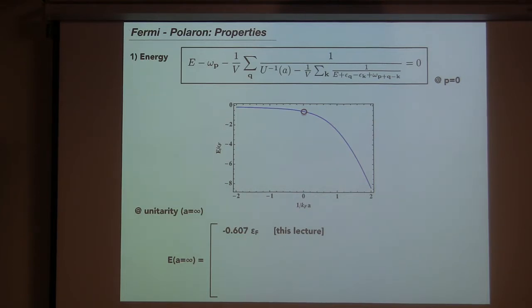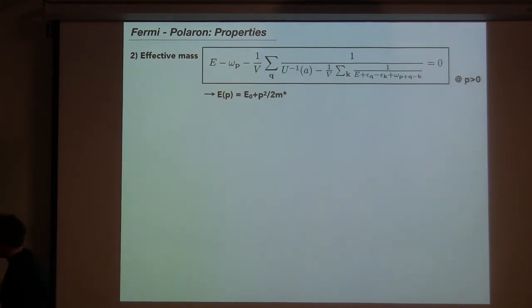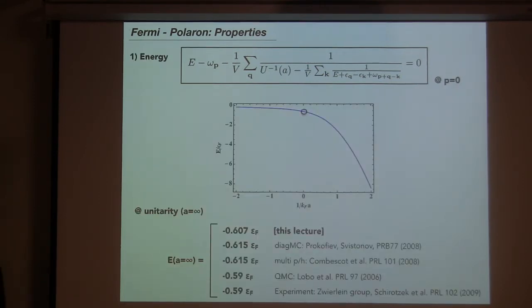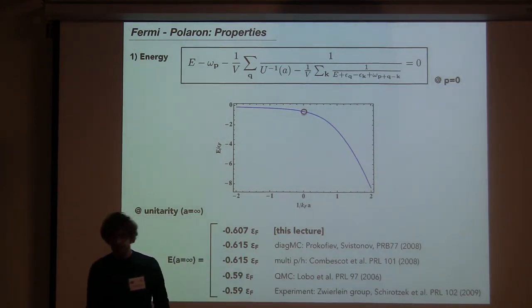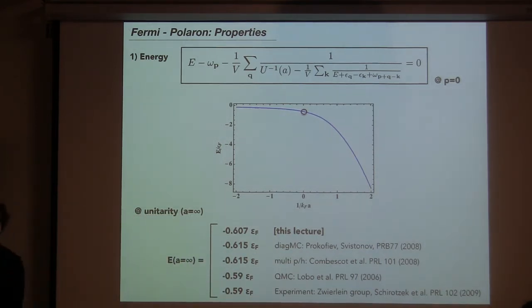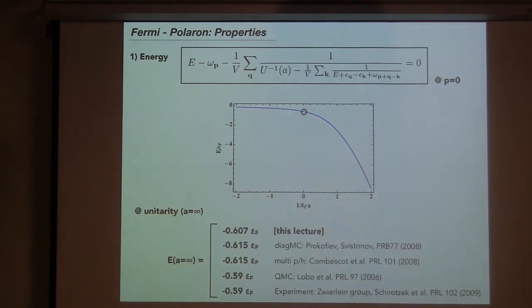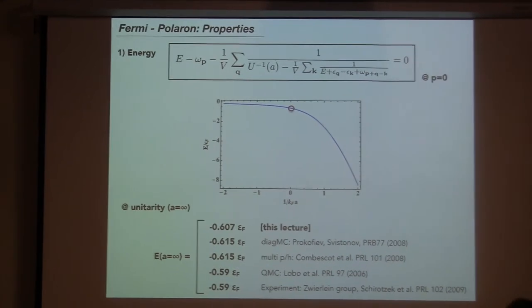And then we can compare this to results using different methods. For instance, here's a diagrammatic Monte Carlo result from Prokof'ev and Svistunov. They resum the diagrammatic series, not only in the particle channel like I thought, but in all the different channels which are there.